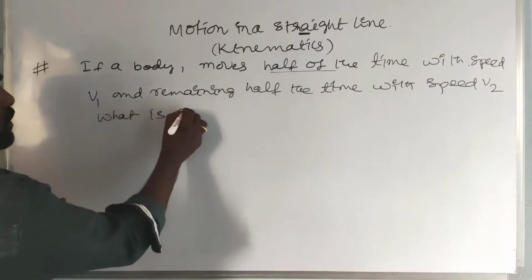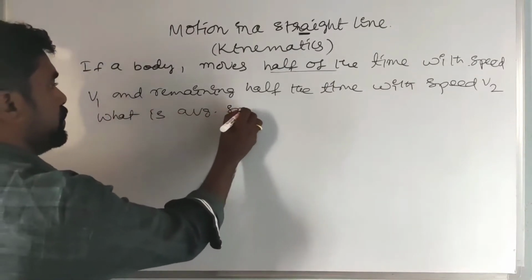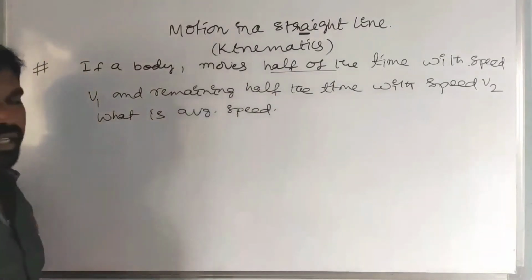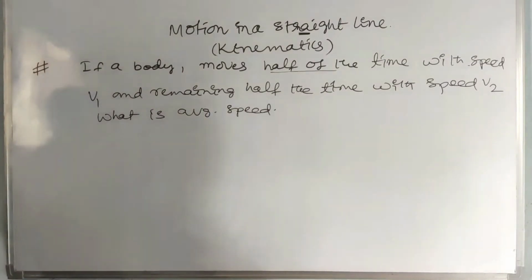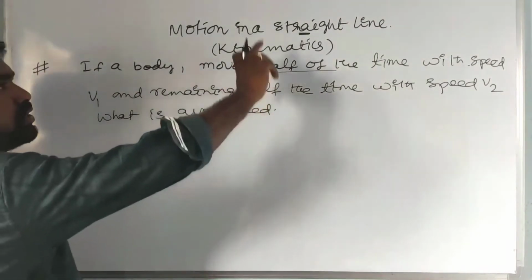The change in the question is to be observed here. In the first question, it was half the distance with the speed v1.